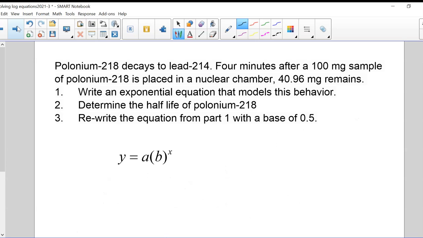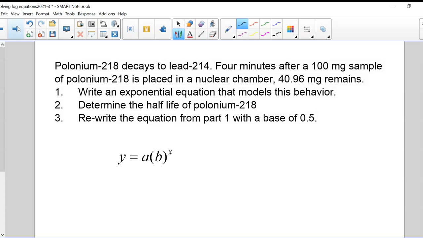Okay, now I want you to consider the following. There's a substance, and I'm sure you've heard of this before in probably chemistry or maybe physics, about substances that decay, radioactive substances that decay over time.